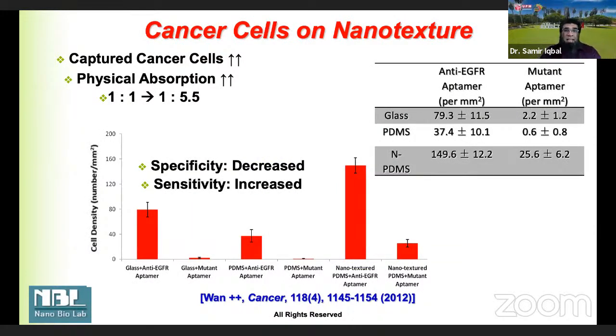The glass slide is a workhorse, right? Every histology is done on a glass slide. But if you create nanotexture on a substrate like PDMS, we could capture many more tumor cells using nanotextured PDMS. That leads back to the original problem of finding those tumor cells in a given sample.